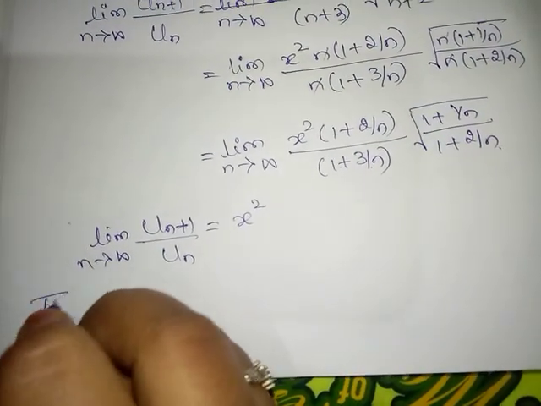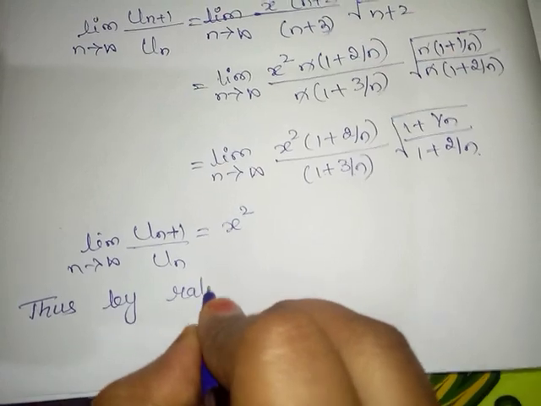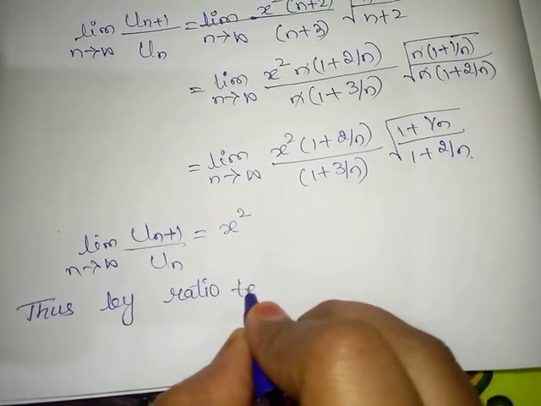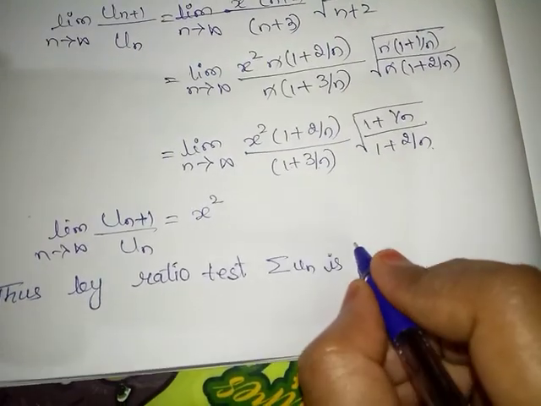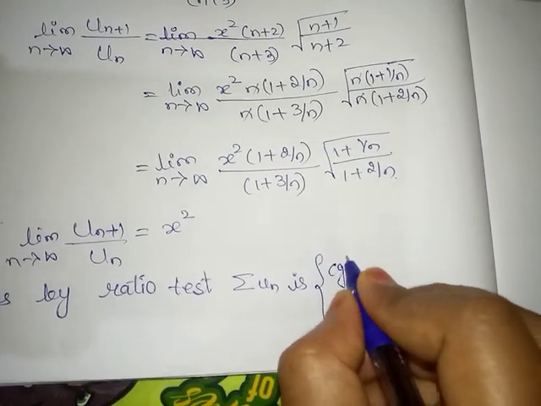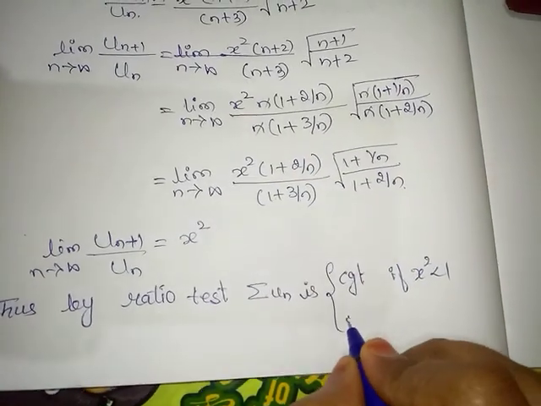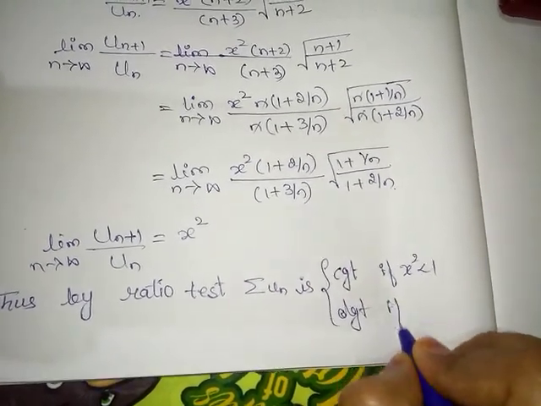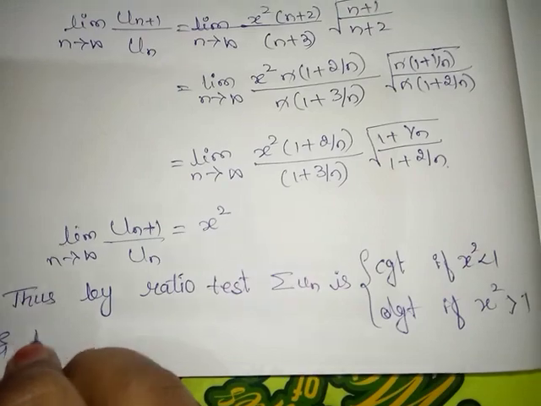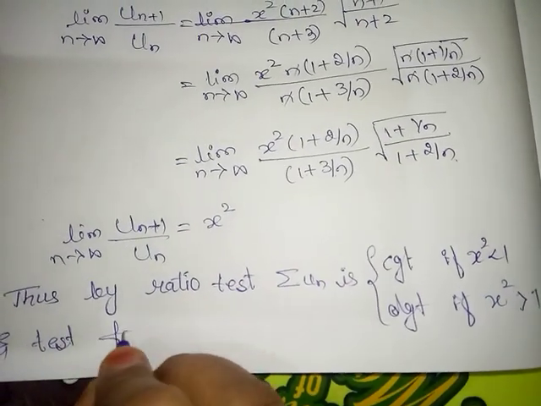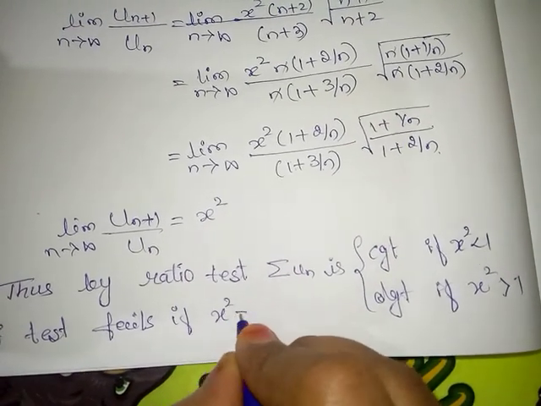Thus, conclusion: by ratio test, summation un, I will write in short, is convergent if x square is less than 1, divergent if x square is greater than 1, and the test fails if x square is equal to 1.